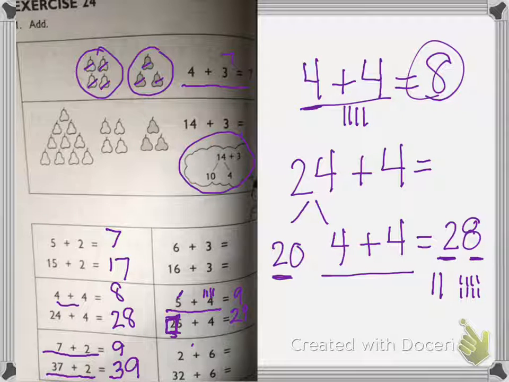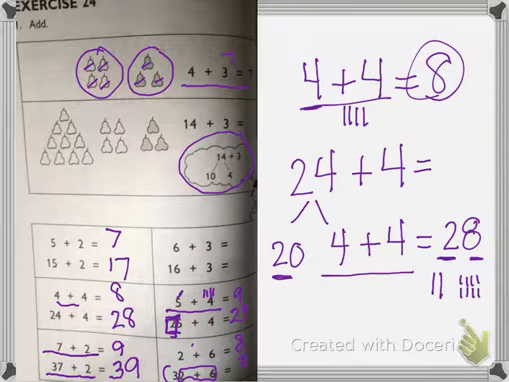Okay, let's see if you can guess this. 2 plus 6 is 8. 6, 7, 8, right? Because you start with the 6 and then add 2, 6, 7, 8. Okay. And then, if 2 plus 6 is 8, 32 plus 6, adding a 10, would be what?